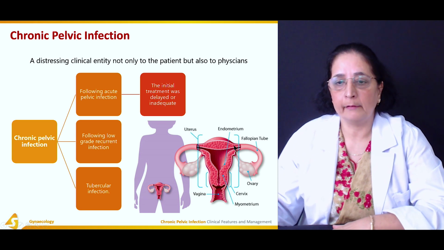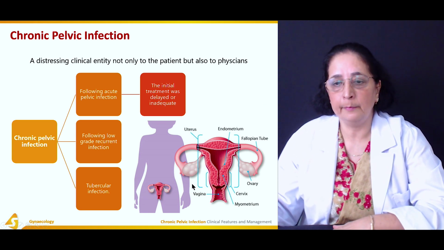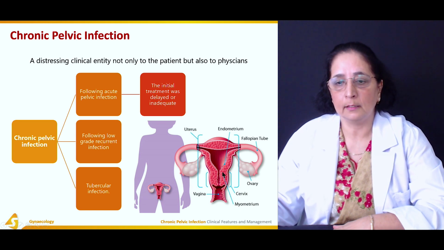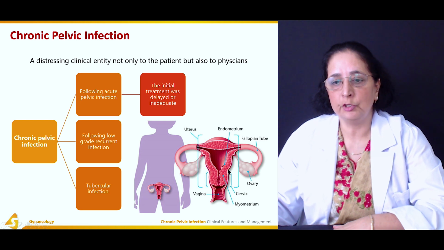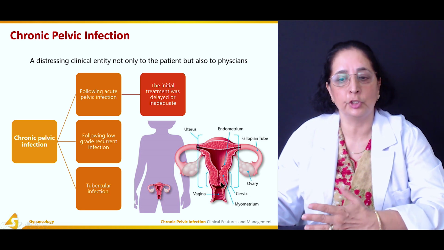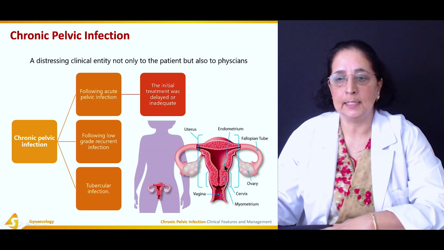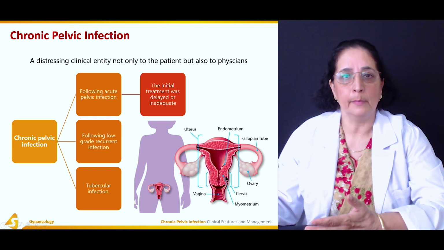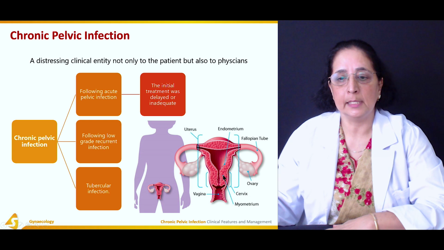This is the diagram that gives the female reproductive organs, vagina, then there is cervix, and the myometrium. Myometrium is the middle muscle layer of the uterus. Endometrium is the inner layer of the uterus. So this is the endometrium, inner lining of the uterus, and myo is the muscle, and myometrium is the muscle layer of the uterus.